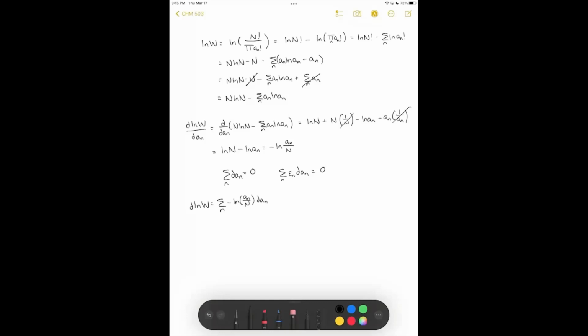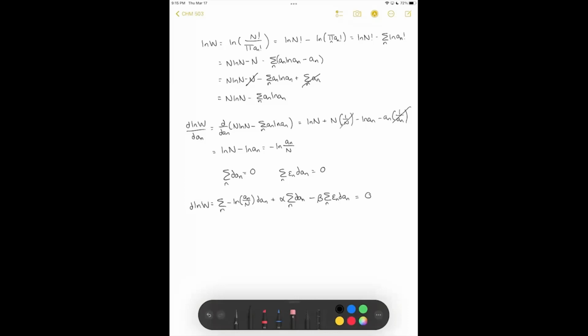And then we'll include these Lagrange multipliers, which will come into coefficients alpha and beta. So then we'll add alpha times our other condition here. And then we'll subtract, in this case, beta times our second condition here. And now all of these things must equal 0.